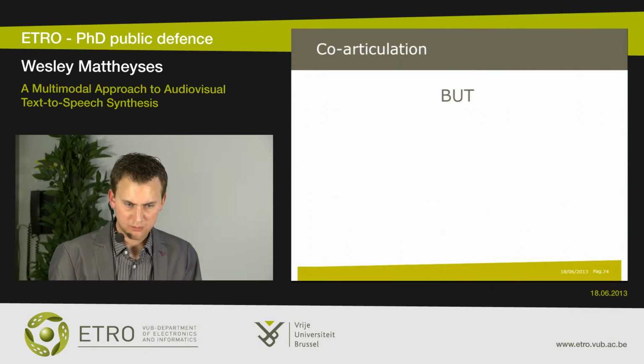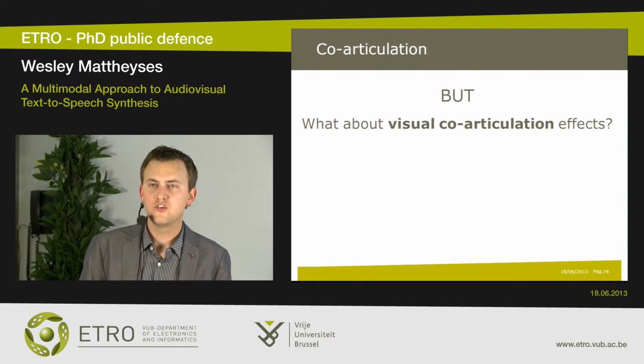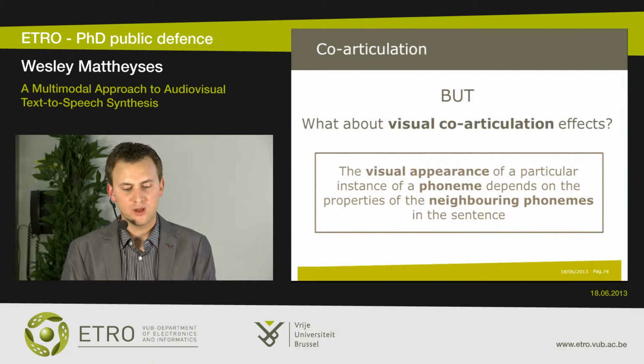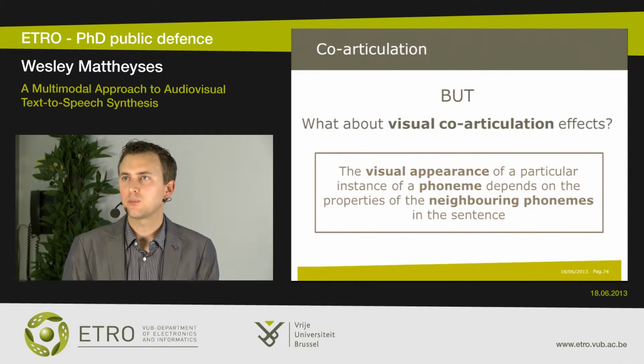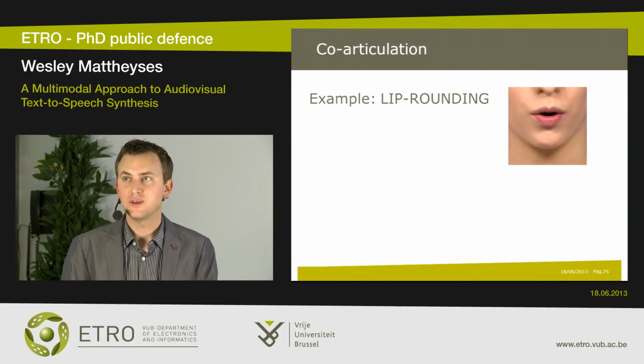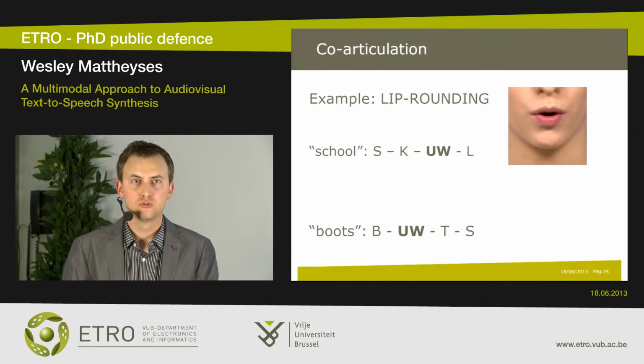Now, there's a problem with this many-to-one mapping, because what about visual coarticulation? And visual coarticulation means that the visual appearance of a particular instance of a phoneme depends on the properties of the neighboring phonemes in the sentence. I give you an example. Imagine the aspect lip rounding, and then imagine the uttering of the English words school and boots.